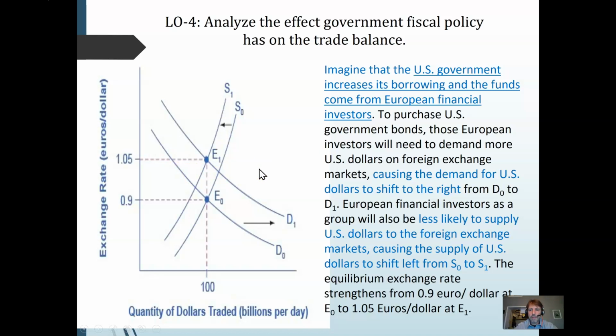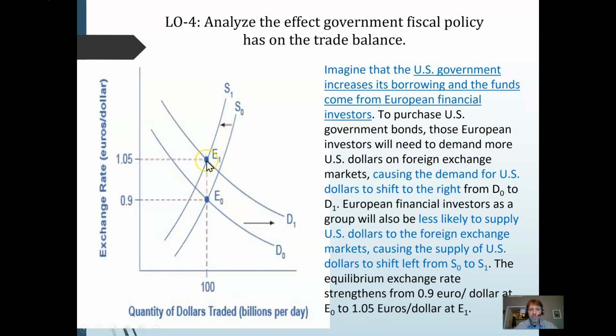But European financial investors as a group are also less likely to supply US dollars to the foreign exchange market because now they're more valuable. So they want to hold on to them. So that will actually impact the supply of US dollars out in the marketplace available for others, and it decreases it, so it shifts it left.